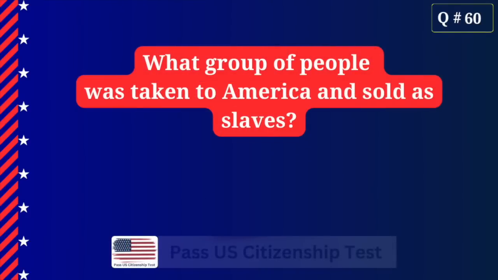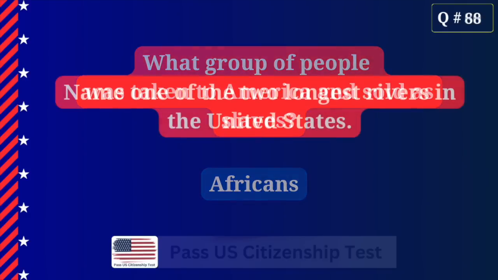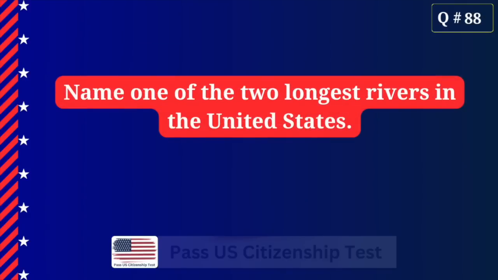What group of people was taken to America and sold as slaves? Africans. Name one of the two longest rivers in the United States.